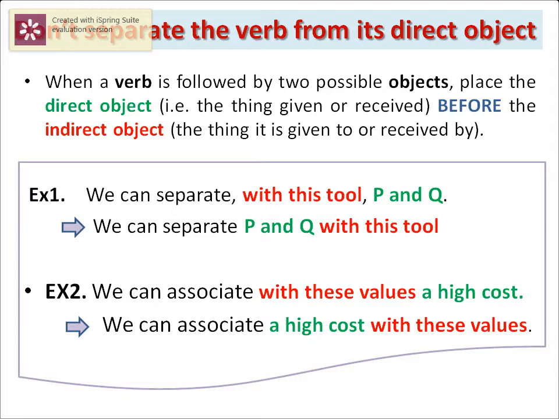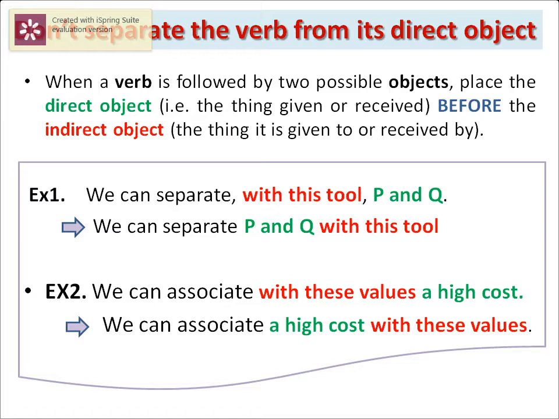Can separate what? P and Q. Therefore, P and Q is the direct object. The correct sentence should put the direct object after the verb. Hence, the correct sentence is we can separate P and Q with this tool.